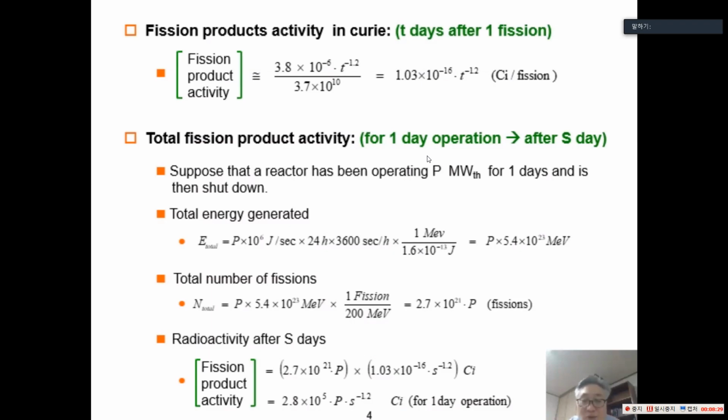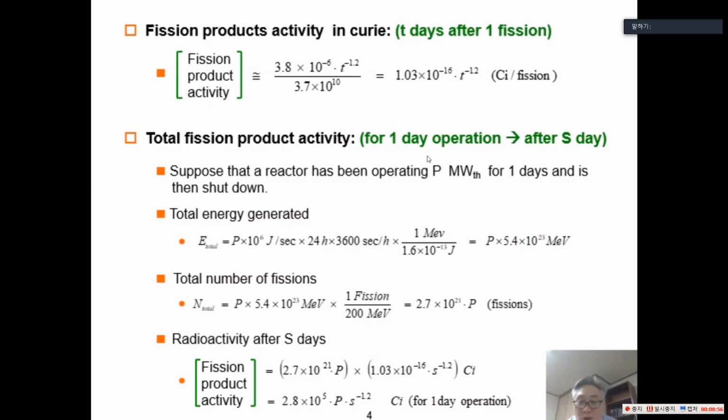And in order to calculate the radioactivity after a few days, with 2.7 times 10 to the 21 multiplied by P, you substitute the first line, 1.03 times 10 to the minus 16.